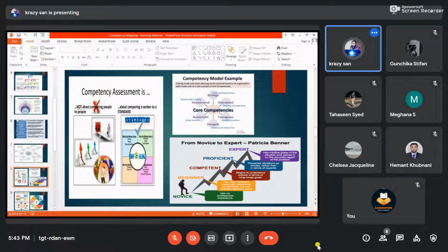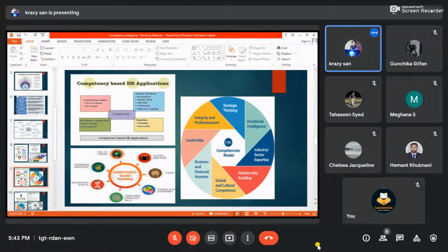It is about how you give your human resources an environment to grow, achieve, enhance, and then return to your organization by helping it achieve its goals with full success. That's it.